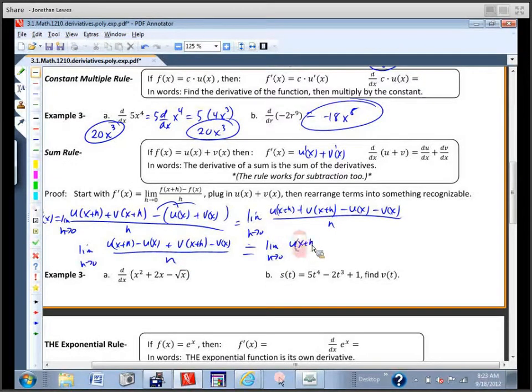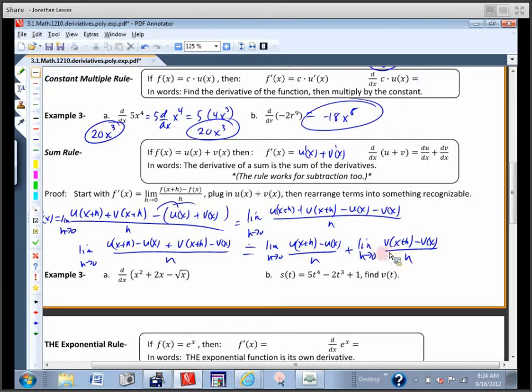We like this as one single fraction, but does it have to stay that way? It doesn't. We could break this up again using properties of fractions and the limit laws. We could break this into the limit as h approaches 0 of u of x plus h minus u of x over h, plus the limit as h approaches 0 of v of x plus h minus v of x over h.